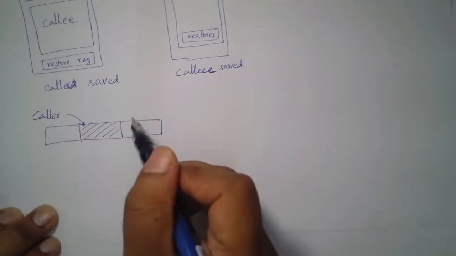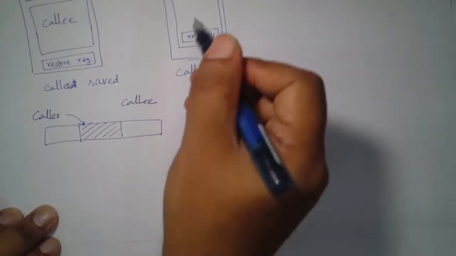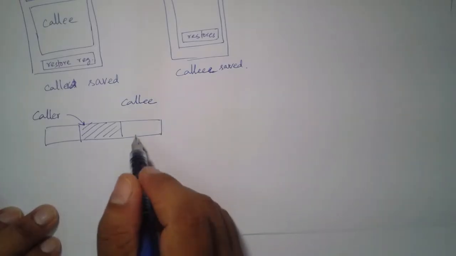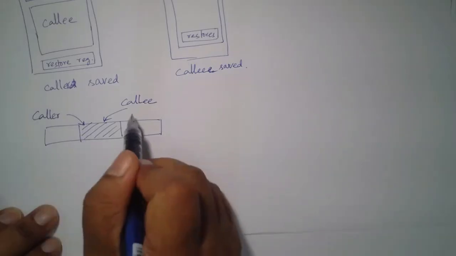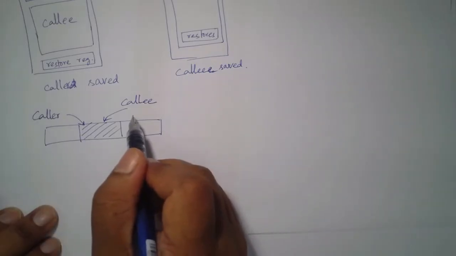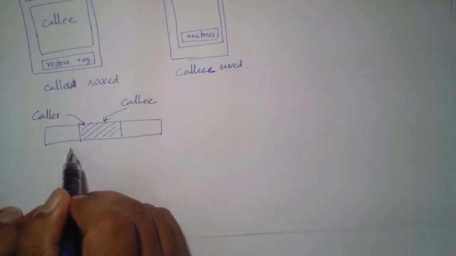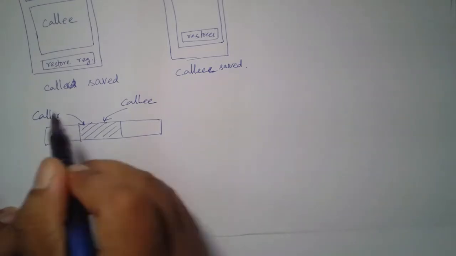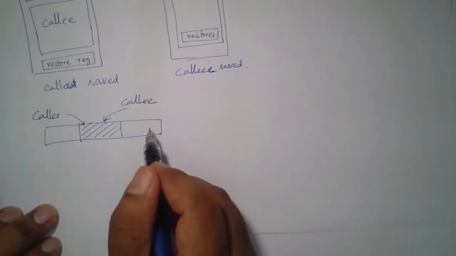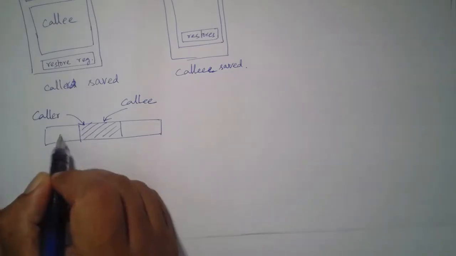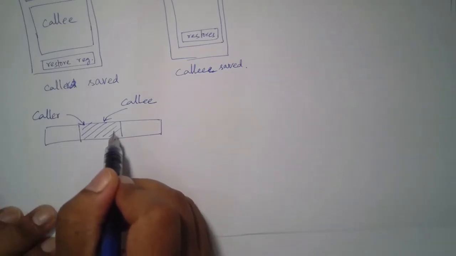Now, when your callee again tries to use memory, if the callee also tries to use the same memory, then there will be a huge problem. So, you need a strict agreement between all the functions which will be concurrently running, so that there is no ambiguity about who is supposed to use which memory.